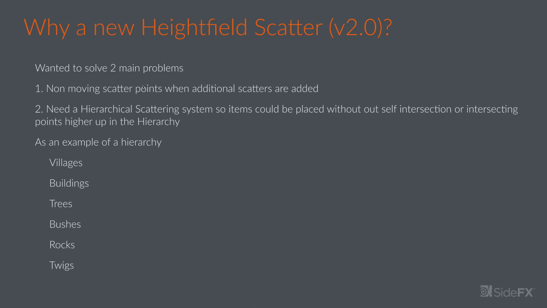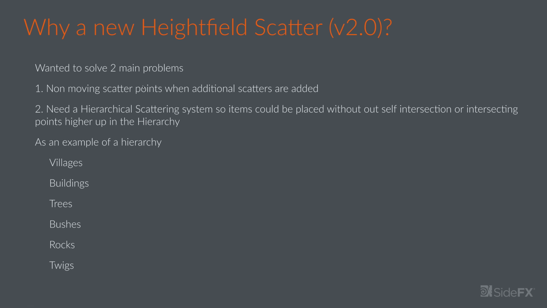Then we also needed to have a hierarchical scattering system. Why? Well, again, you're placing down villages or your major trees, let's say. And now you want to put down the bushes. You want to make sure that the bushes don't intersect your trees, or if you put down buildings, you want to make sure that no trees are growing through the buildings.